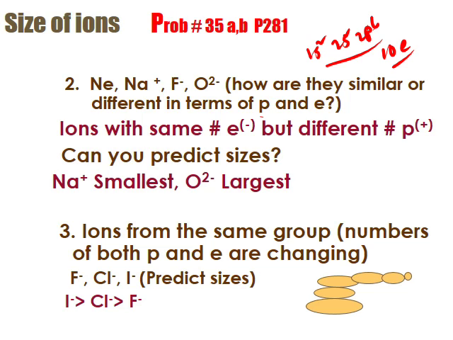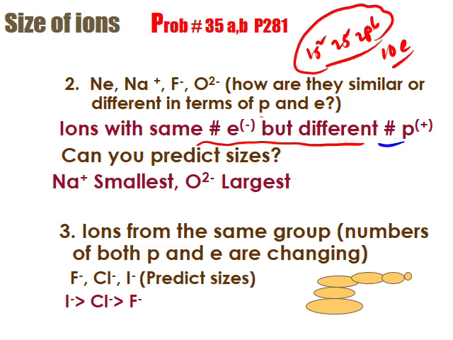So they all have the same electron configuration, and they're called isoelectronic, having the same electron configuration of 1s2, 2s2, 2p6. So in this case, these ions and atom have the same number of electrons, but a different number of protons. Keep this in mind: the number of protons are not the same.